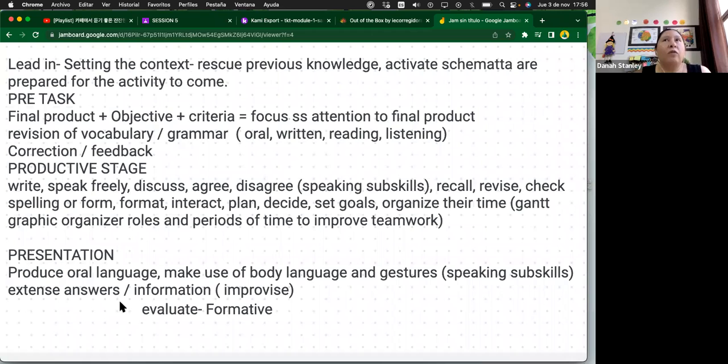For example, if someone asks them something that is probably not very clear, they go beyond the script they made and they need to give further information, that is, extend the answers. So in here, they would probably need to coordinate between them what they are presenting.